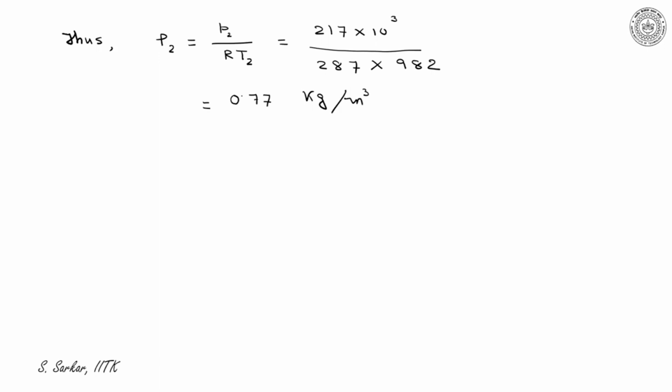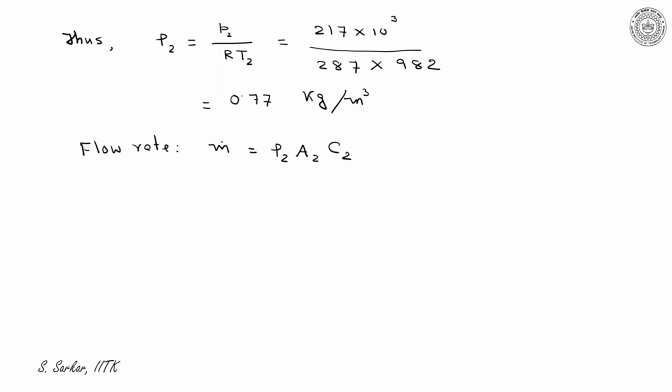Now I know the flow rate through the stage is given as 18 kg per second. So I can write m, which means the flow rate, also M dot, equal to rho 2 A2, the area at the exit, the annulus area, and C2.